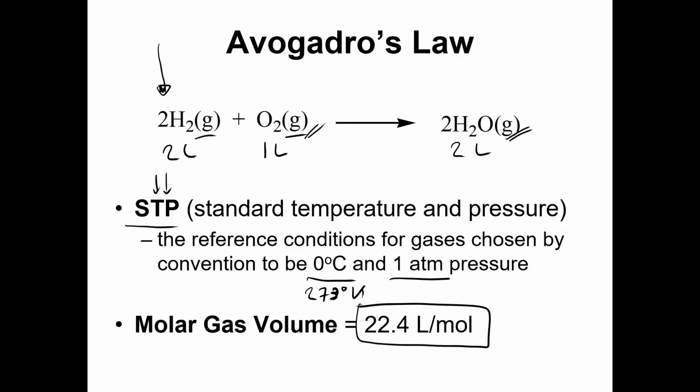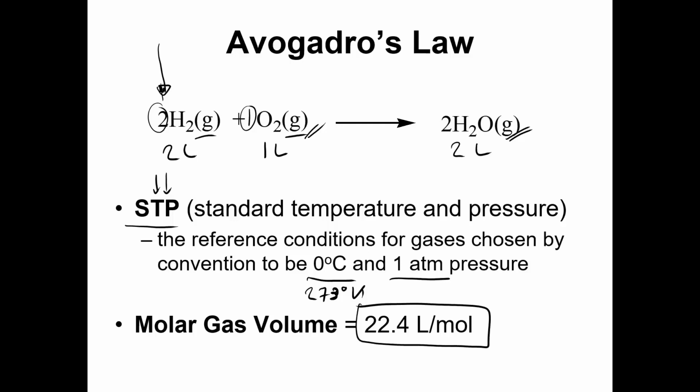And it doesn't even matter whether we have STP or anything, as long as we have equal conditions, the ratios of the volumes equal the coefficients here, right? We can say, well, 20 liters of hydrogen gas at any temperature will react with 10 liters of oxygen gas at that same temperature to form 20 liters of water.